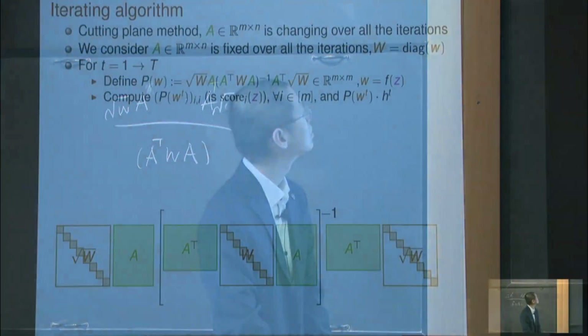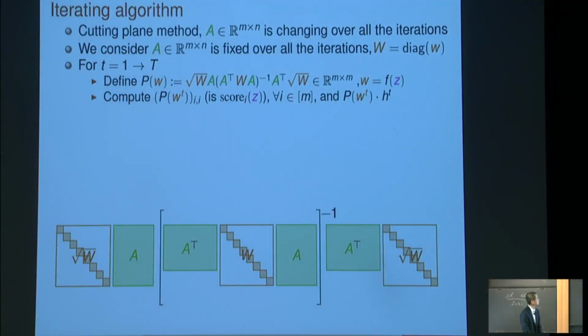What does it capture? The diagonal entry is trying to capture the importance of each constraint of A. P of W is a matrix, a dense matrix.